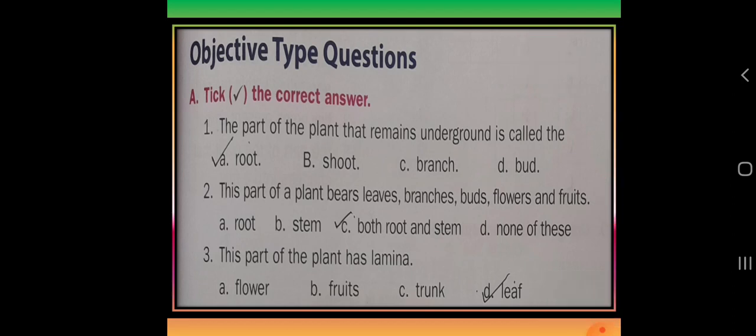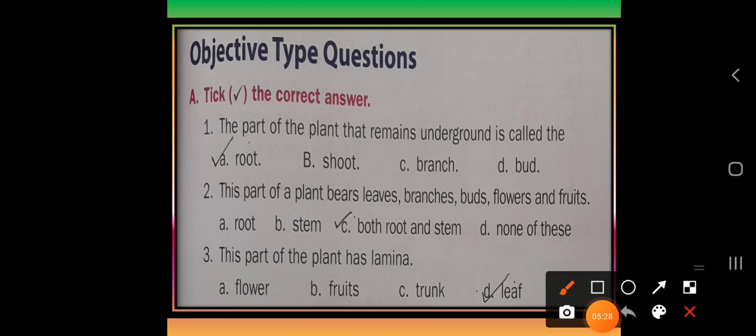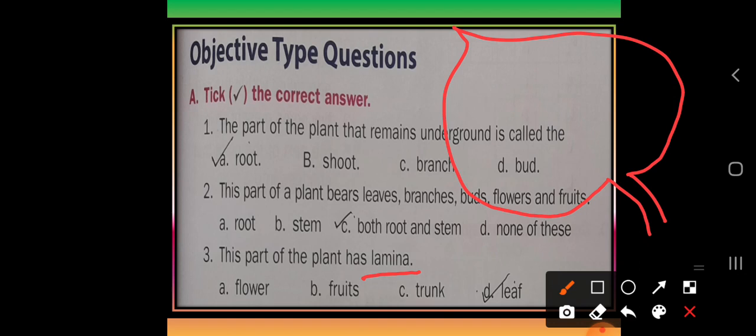Now the next question is: this part of the plant has lamina. Just think about the structure of a leaf. This part is the leaf blade.